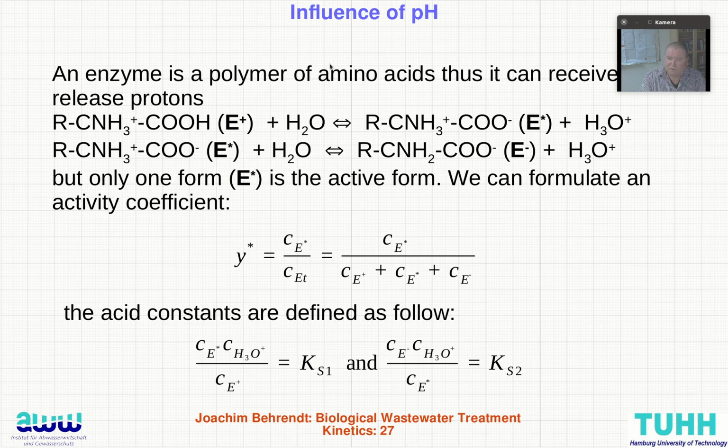Due to this fact, there are ends with carbonyl groups and amino groups. They can be present in a positive form, where the amino group has absorbed 1 proton. This proton can be released, and then we have a neutral form, and they can release even more, and then we have the negative form.